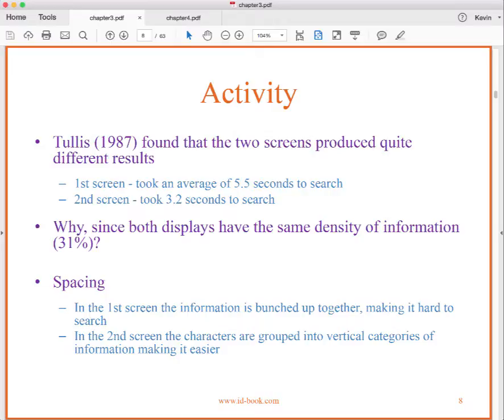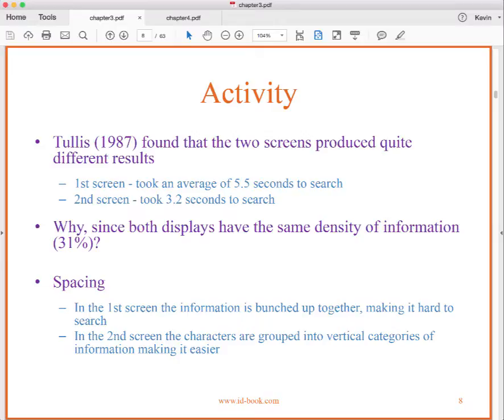So the activity that they suggested for us was to look at these two screens, and researchers found that the two screens produce quite different results. The first one took an average of 5.5 seconds to search. The second screen took 3.2 seconds to search. I think we have them in the opposite order here. The fact is, the one with the right physical organization was the one that was easier to search.